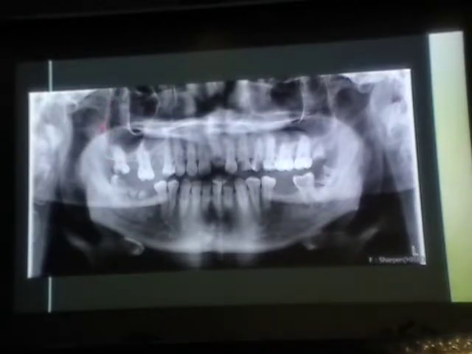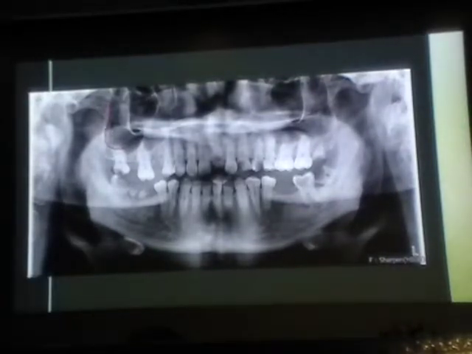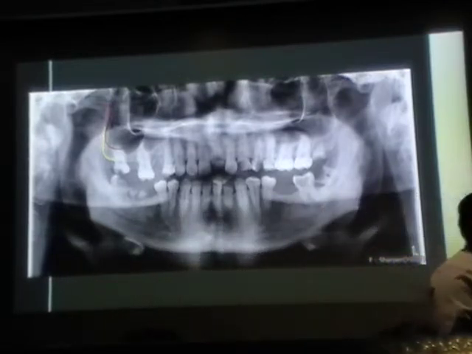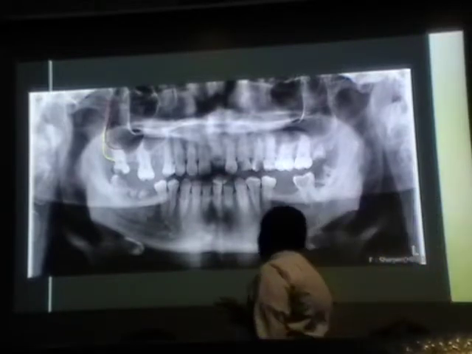How about this one? What is this one? What is the red one? Which border? Anterior, posterior, floor? Where will be the floor? Bottom, right? Posterior. Yes.